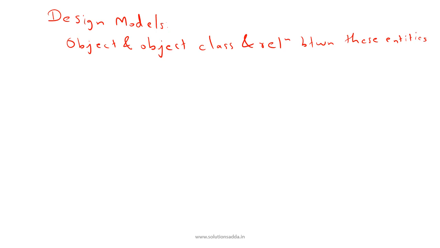So there are two types. One is a static model and another is dynamic model. In static model, the static structure of the system in terms of object classes and relationship is described, and in dynamic model it describes the dynamic interaction between the objects.